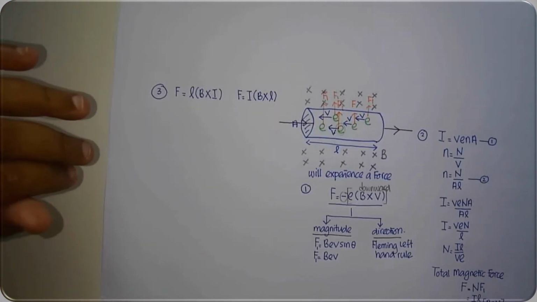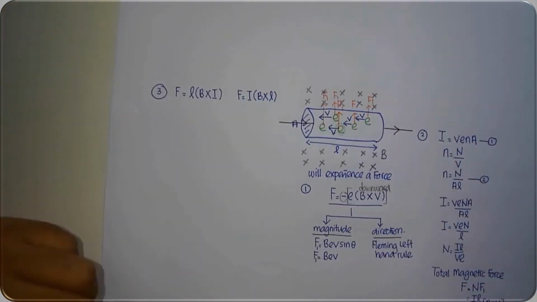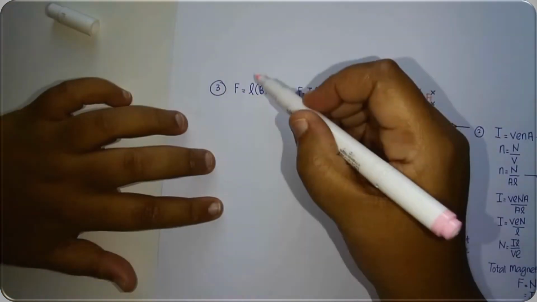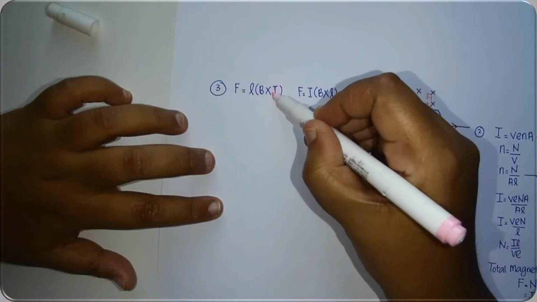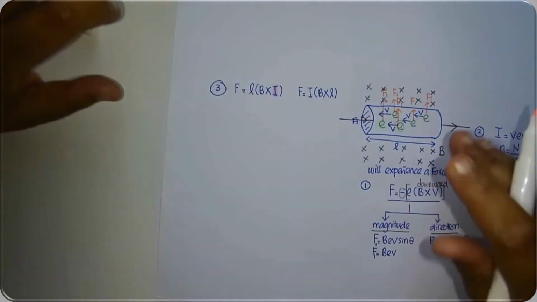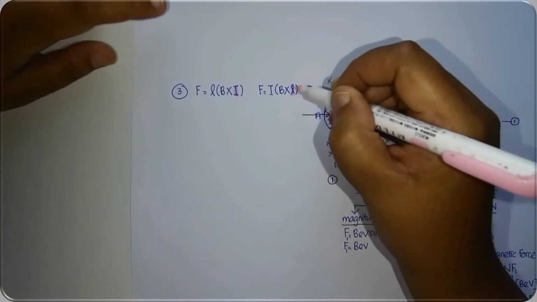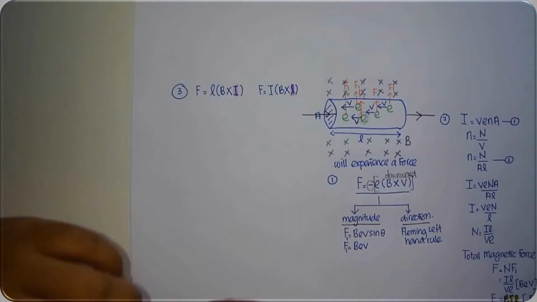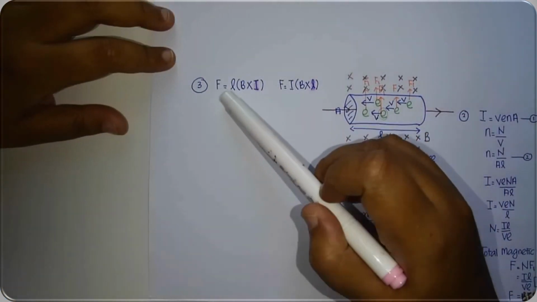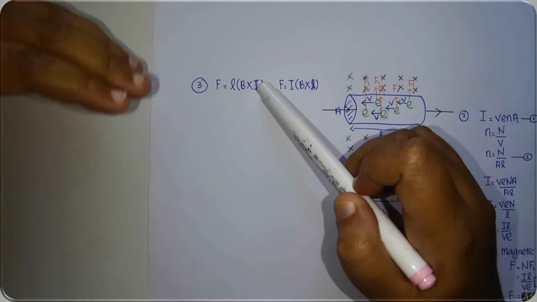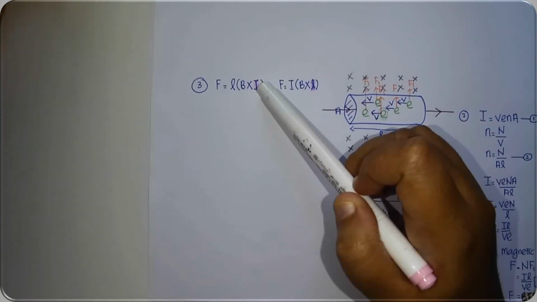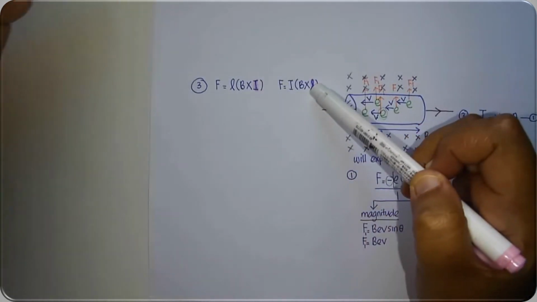You see, class, in the first expression the L is considered as a vector, and in the other expression the I is considered as a vector. The one where I is a vector is used in the older version books, but this one is used in the newer version books.